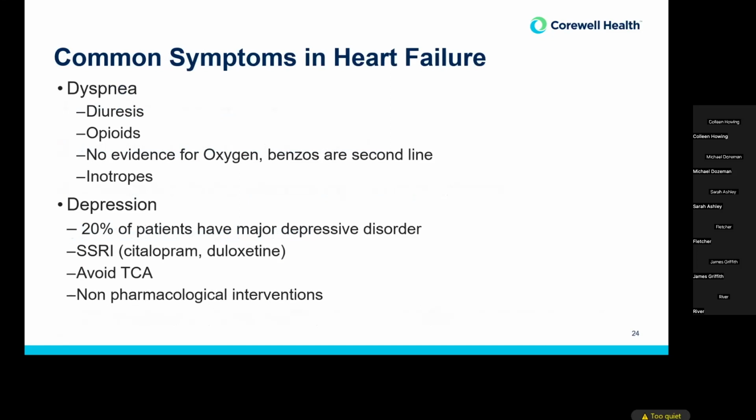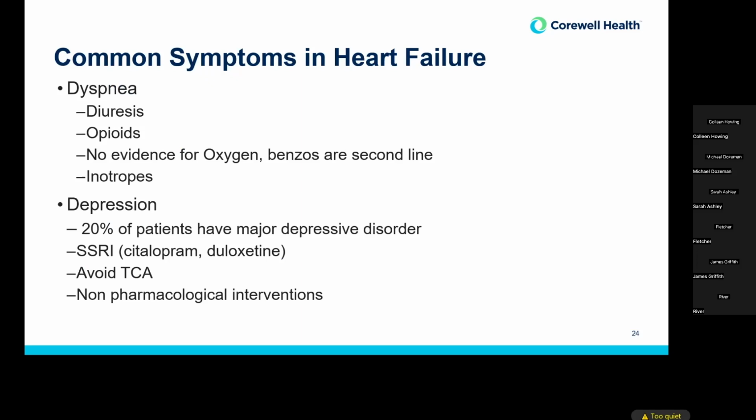So, some of the common symptoms and how to treat them in heart failure. Dyspnea is very common. Makes sense. Patients get fluid overloaded. It's a cardiac disease, obviously. The first line of treatment for patients with dyspnea is cardiac medications. Make sure that they are not hypervolemic, and if so, a diuresis would be the first thing to do.